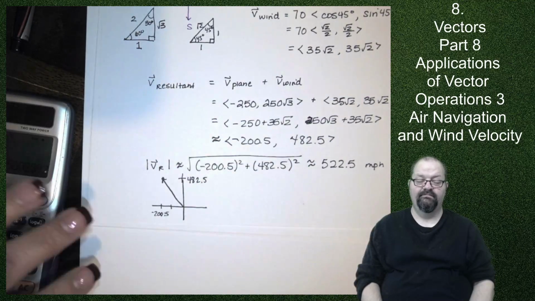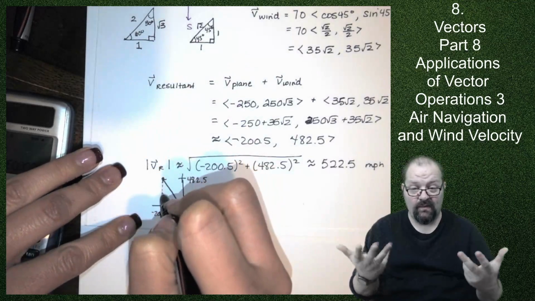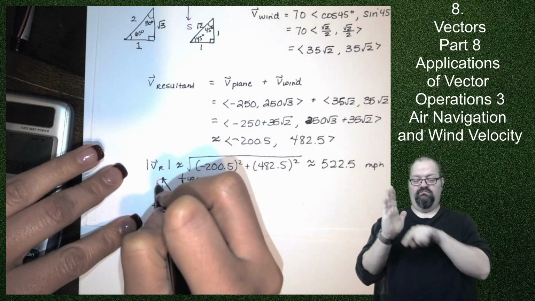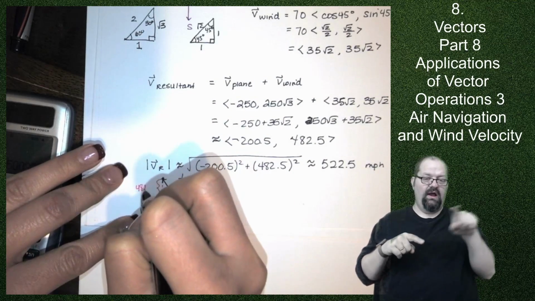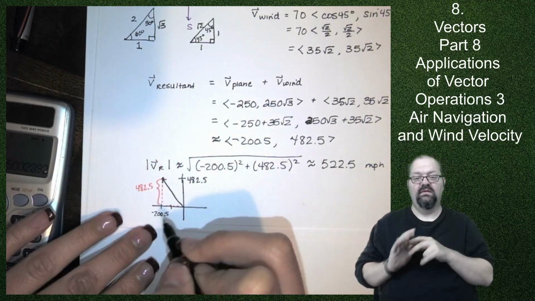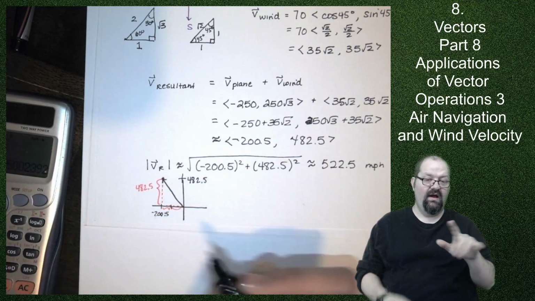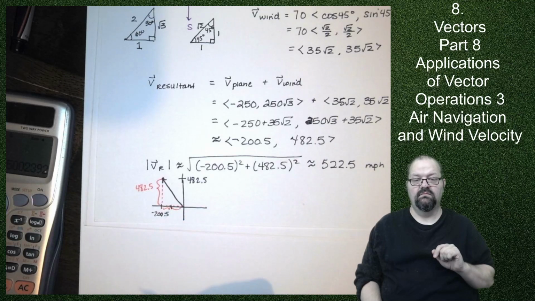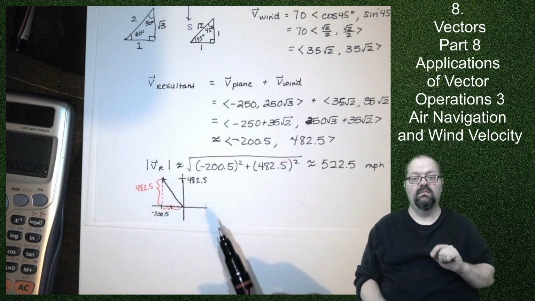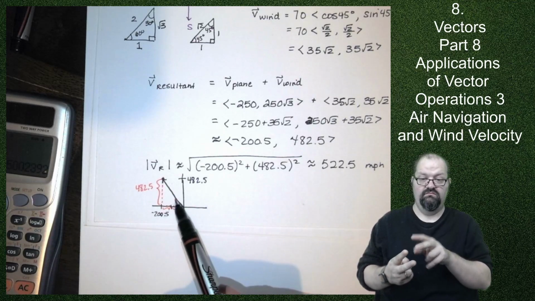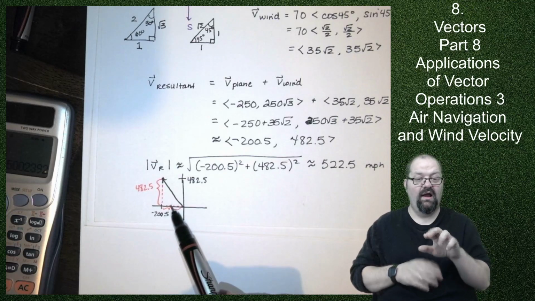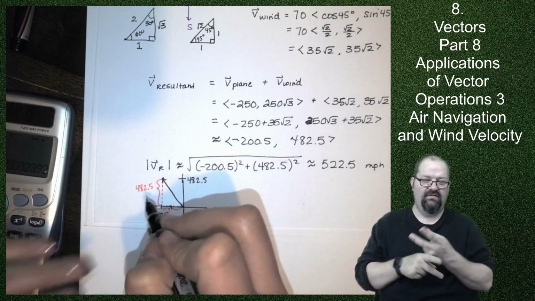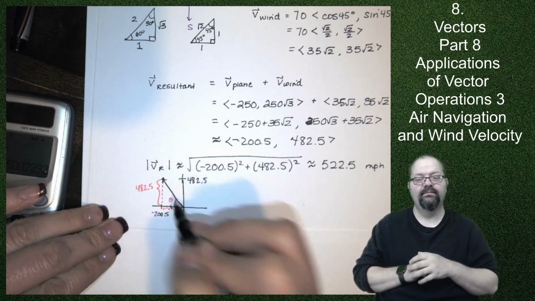Now, that means that if I make a right triangle like this, this is 482.5 as a length, and this is 200.5 as a length, and we're calling it a negative x value because it's in the negative x direction. But with those two pieces together and right triangle trig, I can figure out what that angle is. I know that's theta.